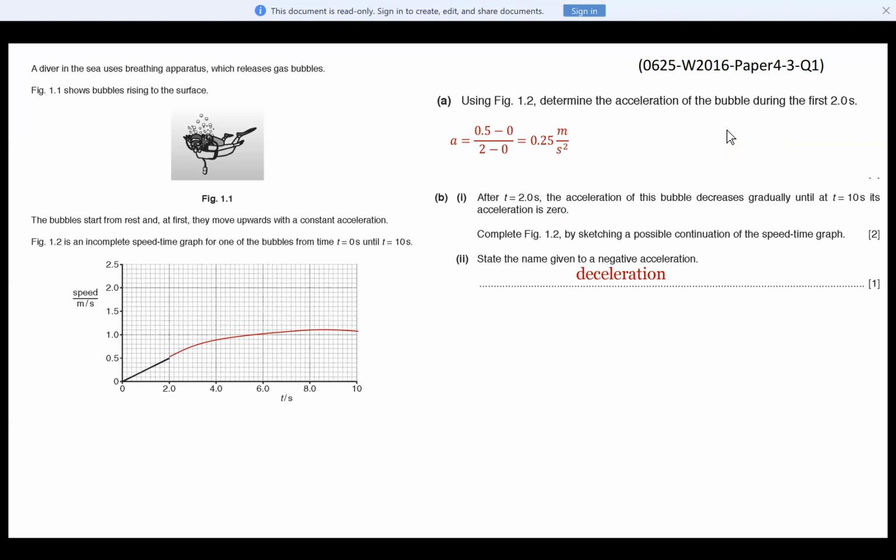So like we said, we have a decreasing curve. And then around 10, this should be a horizontal line to represent zero acceleration. Finally, in BII, we are required to state a name given to negative acceleration, and this would be deceleration.